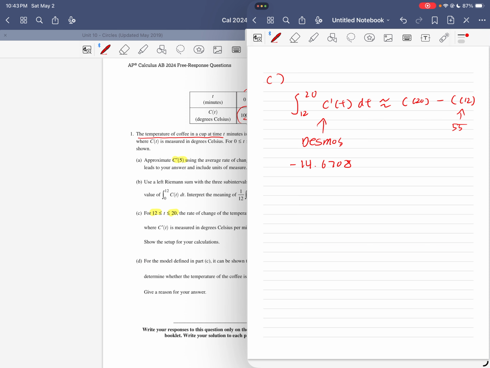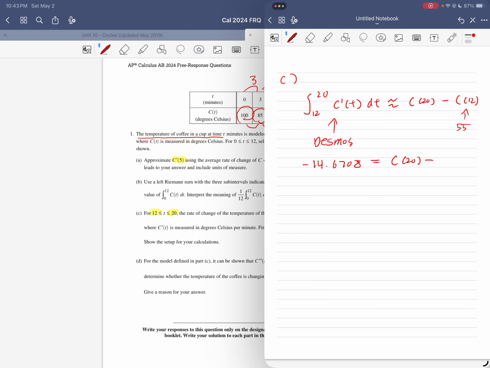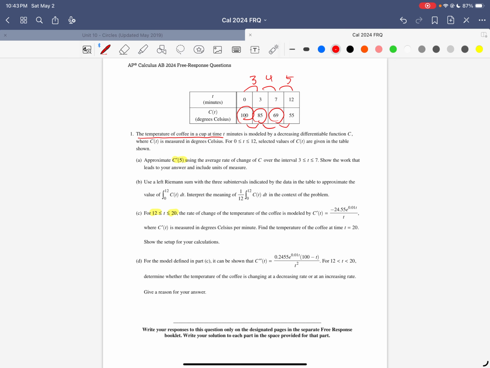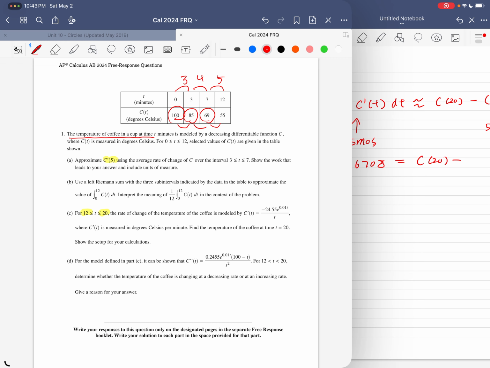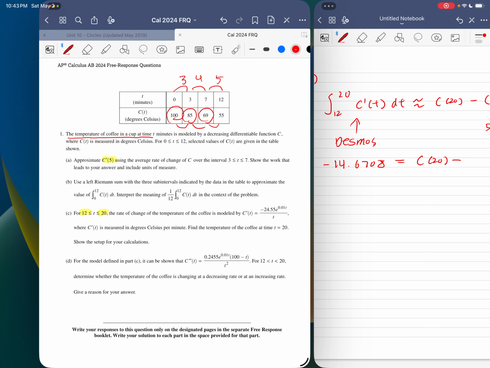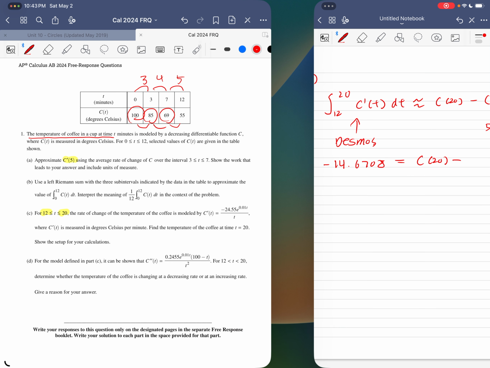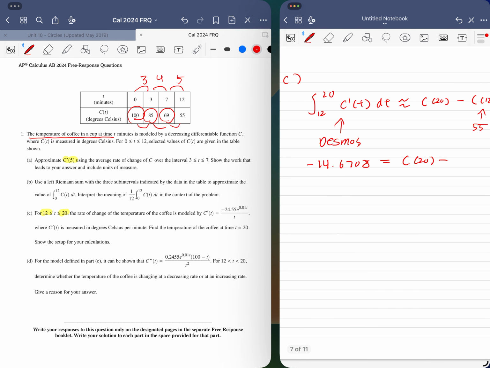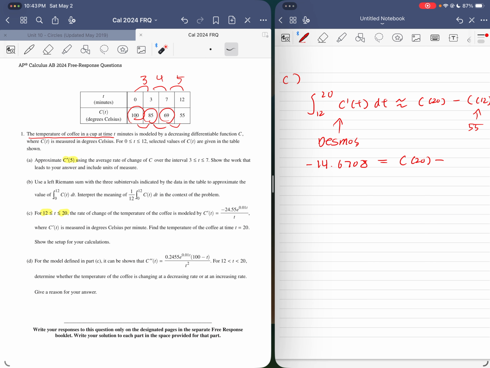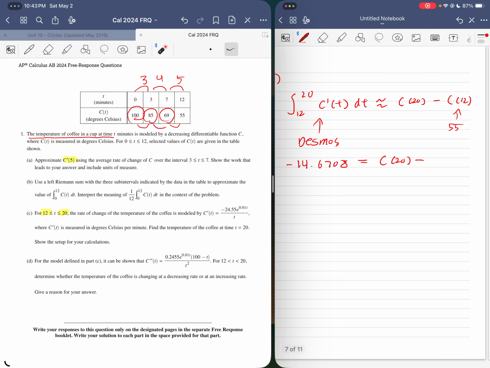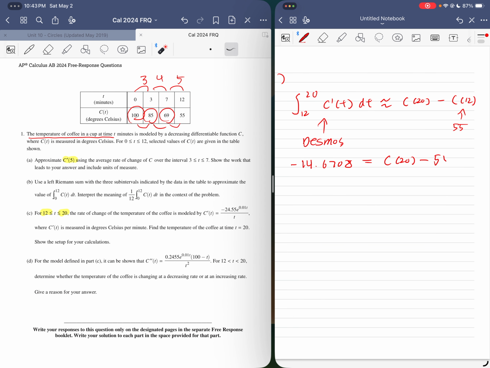So this is negative 14.6708 equals C of 20 minus, we already know what, we already know C of 12 is 55, so I'm gonna write down 55.